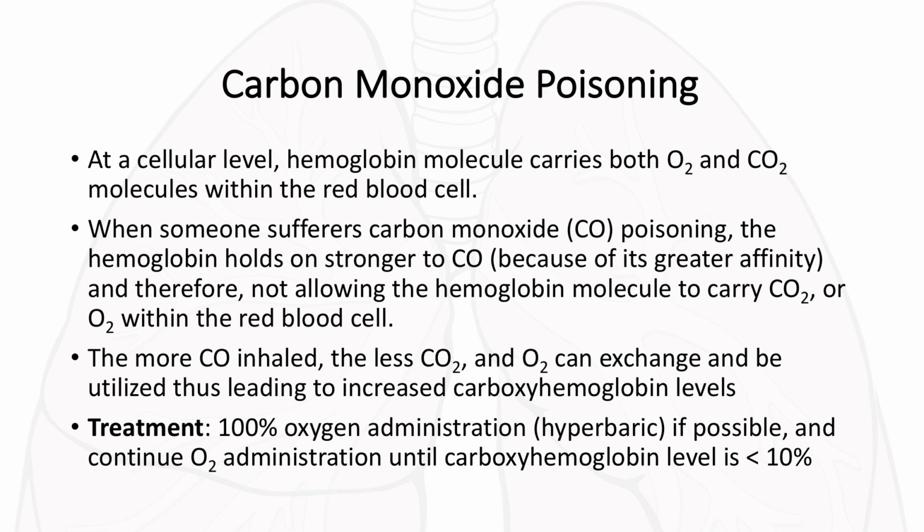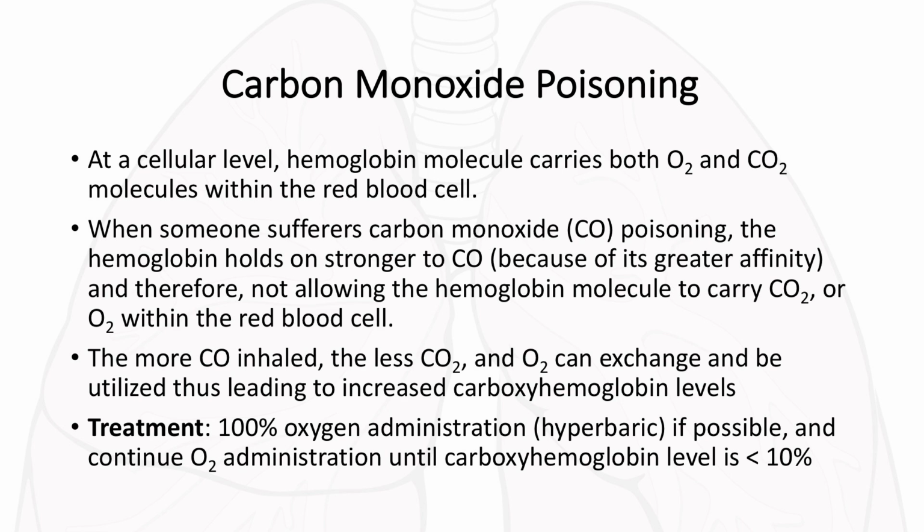So the treatment for this is 100% oxygen administration, hyperbaric if possible, and continue O2 administration until your carboxyhemoglobin level is less than 10%. So just understand, in carbon monoxide poisoning, you cannot get an accurate reading of the O2 saturations by using an O2 monitor. So that's why you're going to be drawing a carboxyhemoglobin level, and that's going to say how much carbon monoxide is in the body.